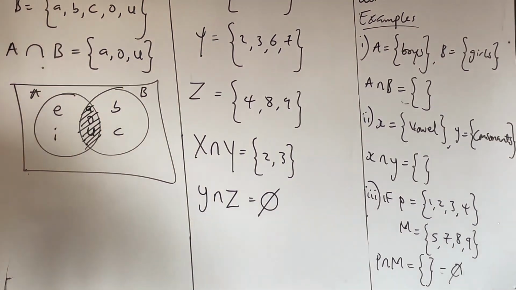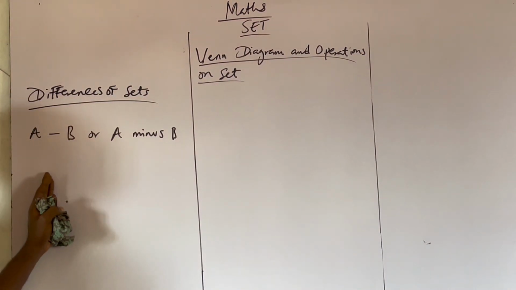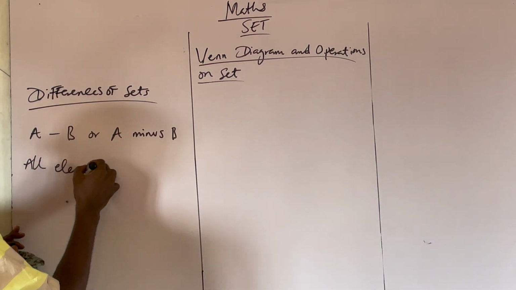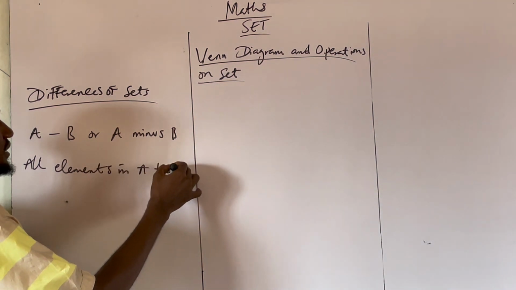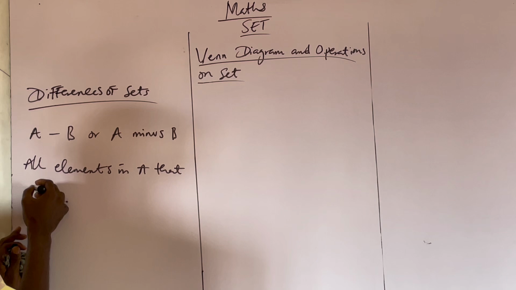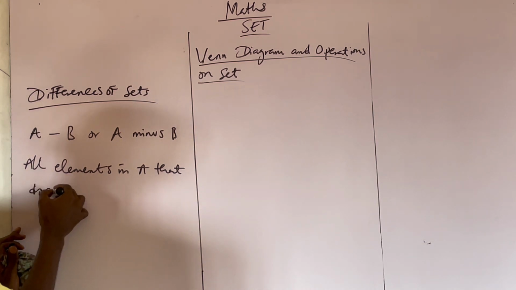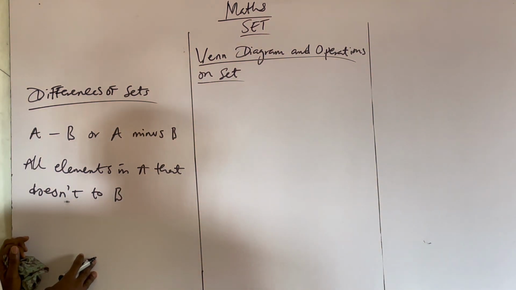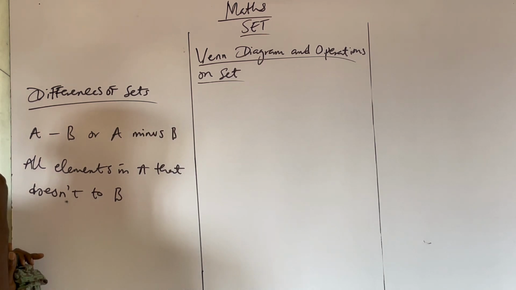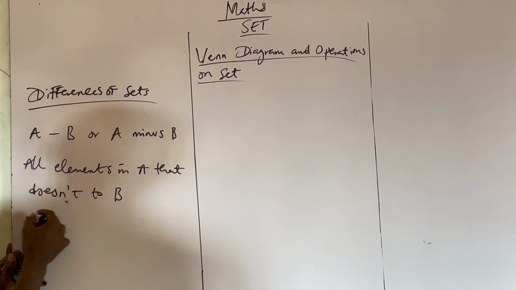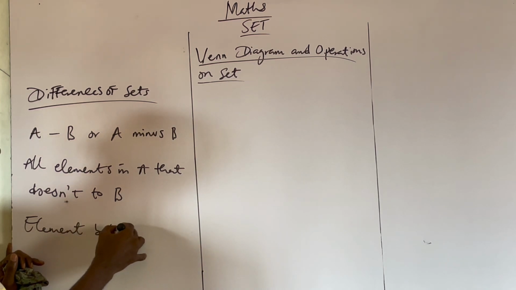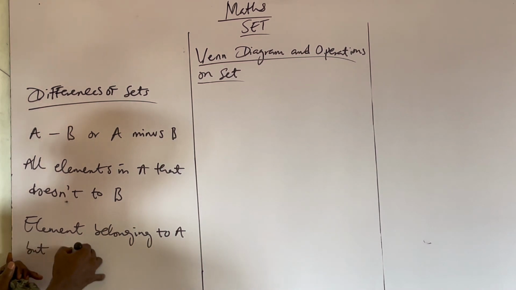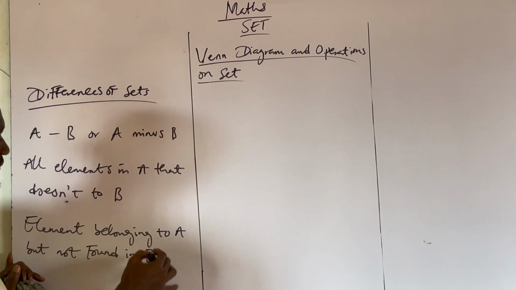Let me clean the board. Pause here. So difference of set means all elements in A that do not belong to B. It also means elements belonging to A but not found in B. That is difference of set.